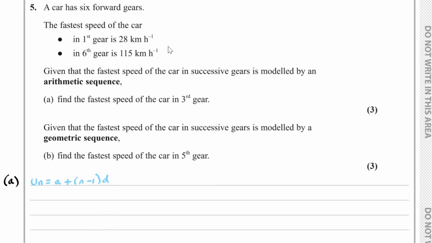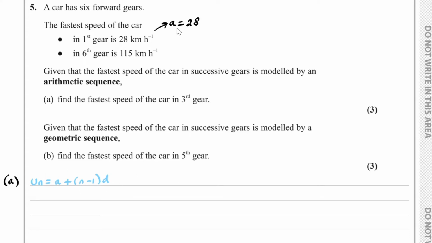And hopefully here you can see straight away that the first term is 28. So let's just write that down. We have a equals 28. And we can use this information in conjunction with this information here to find out the common difference, and then from that we can find the fastest speed of the car in the third gear.